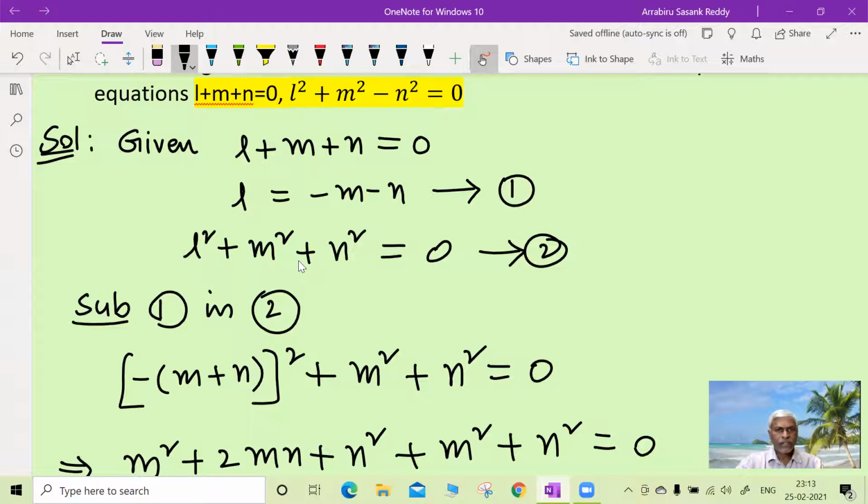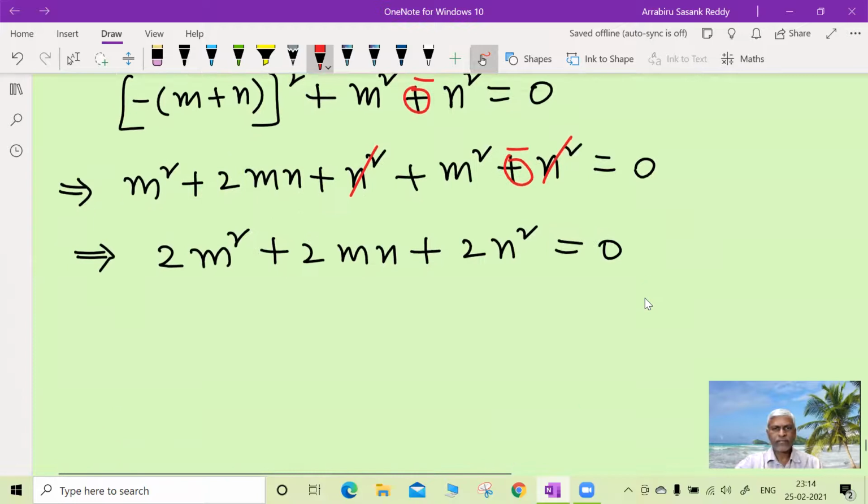The condition here is minus n square, so n square will get cancelled.